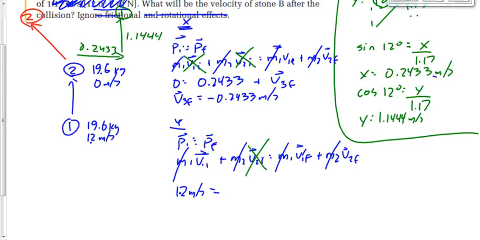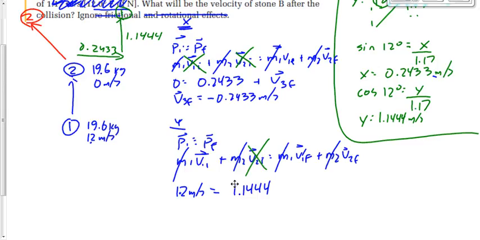V1F. I said before that V1F was the real test for the x component. No, now it's the real test, because I gave you V1F for the x component. Now you're going to tell me what V1F is for the y component. Good, Jacob. V1F is 1.1444. Look what I've done here, guys.